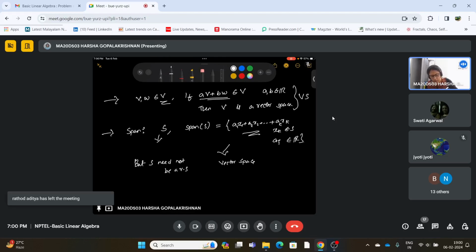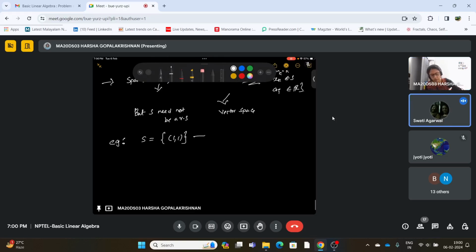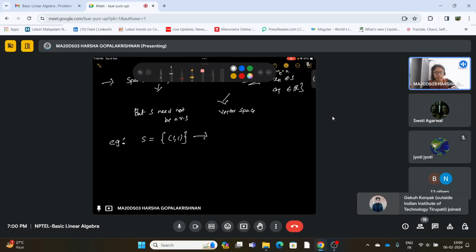For example, if I am taking S equal to just one element, 1. Is this a vector space? No, I mean we are taking it as a set of R2 element, and we are saying we want to find the span of this. No, my question is: is this S a vector space or not? Not span.